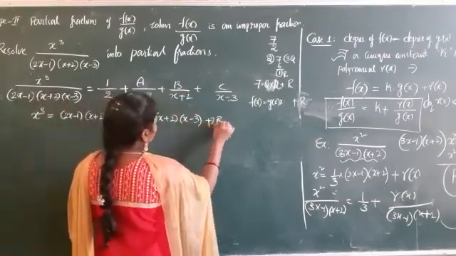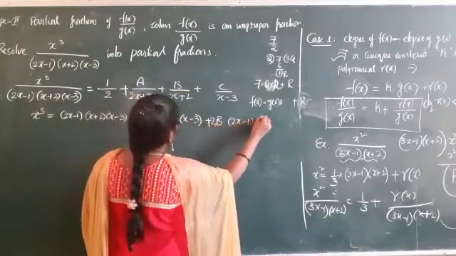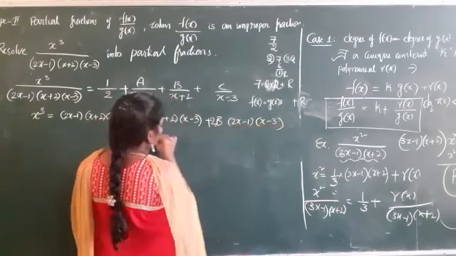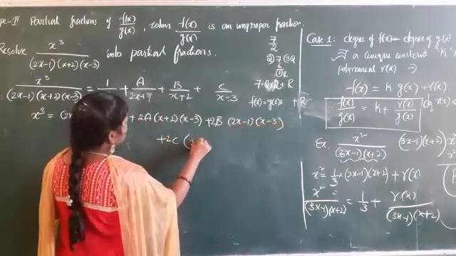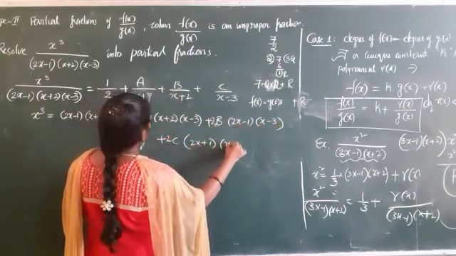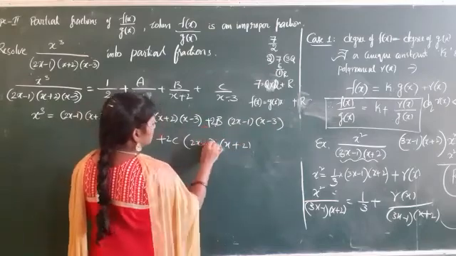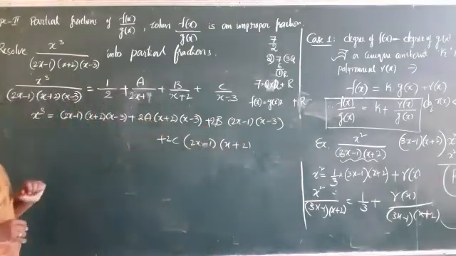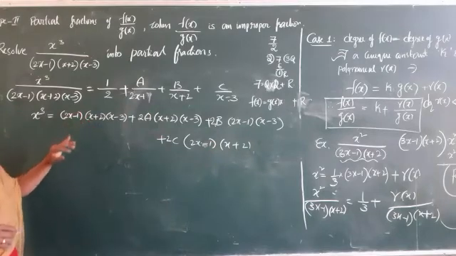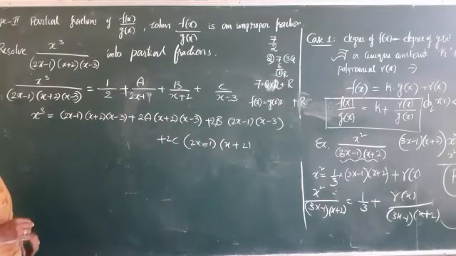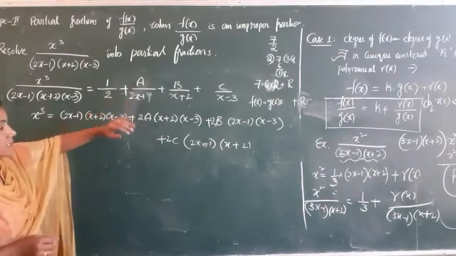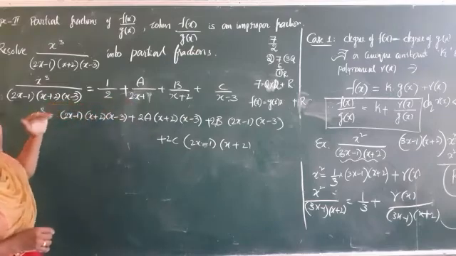So here 2b into (2x minus 1) into (x minus 3) plus 2c into (2x plus 1) into (x plus 2). Then again by simplifying and comparing both sides you will get the a, b, c values, and you substitute those values here, hence the answer.